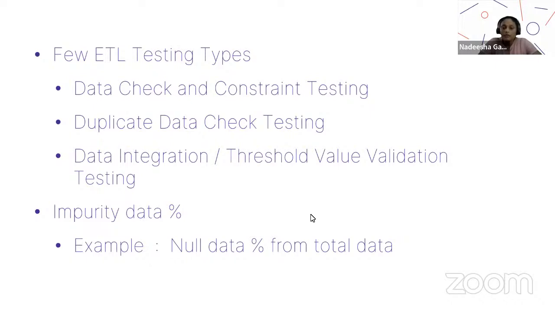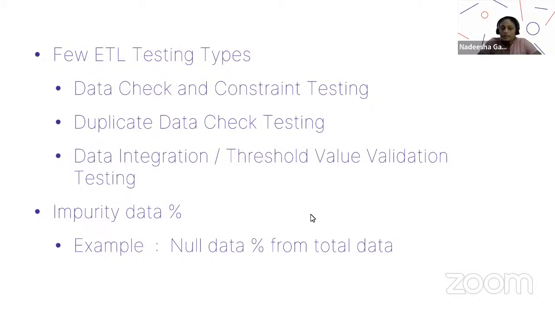Then under metadata testing, we can also do the data type checks. Data type check means we have to verify that the mandatory fields have the correct data type, and those should be correctly mapped in the target warehouse. Let's say a very simple data type, which is date and time. Likewise, we can think according to the application and proceed.